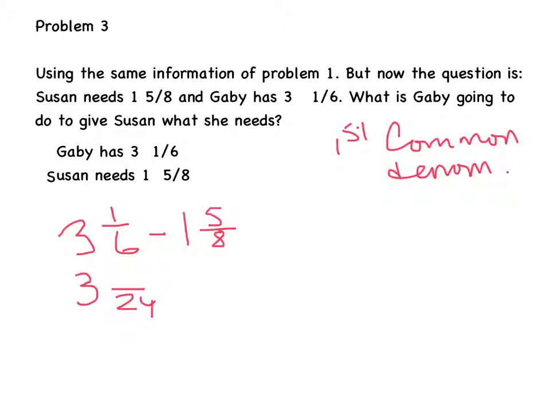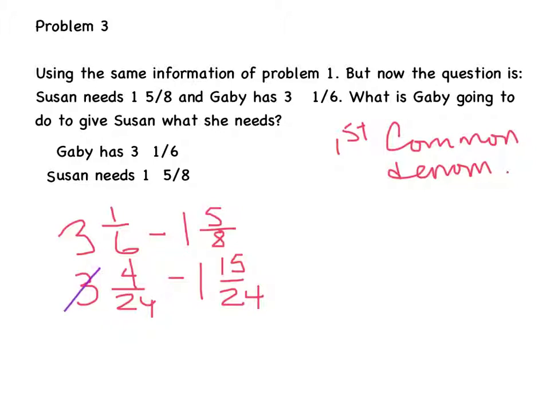How many times does 6 go into 24? It's 4 times 1, 4. And how many times does the 8 go into 24? 3 times 5, 15. Now, I cannot subtract a 15 from a 4. So, I need to borrow.